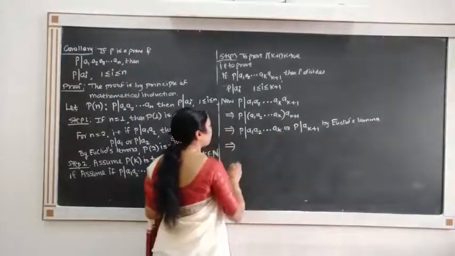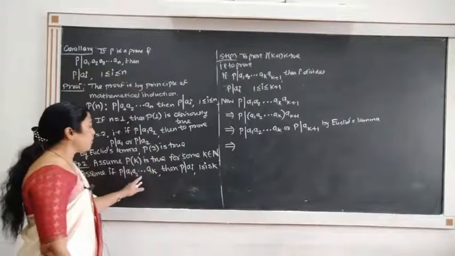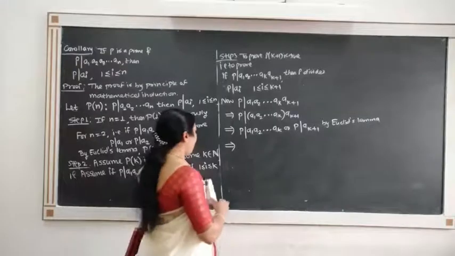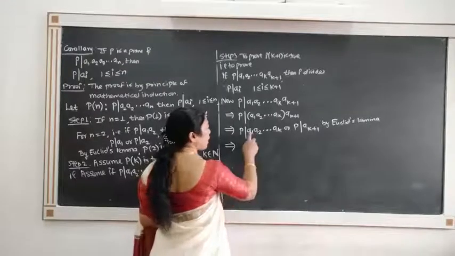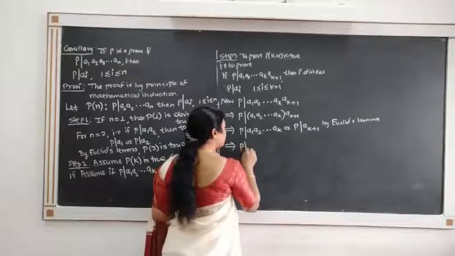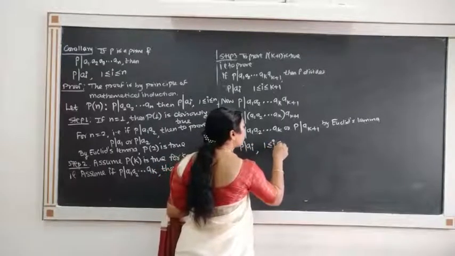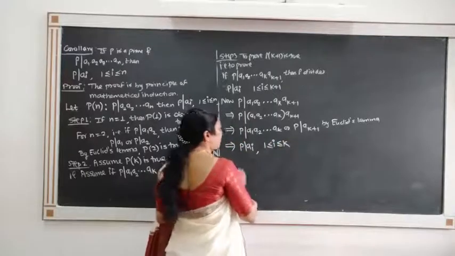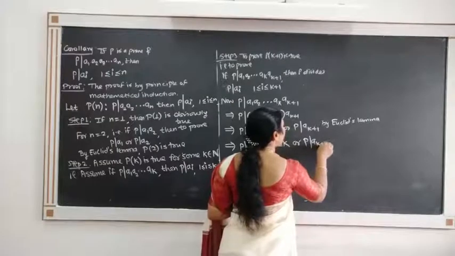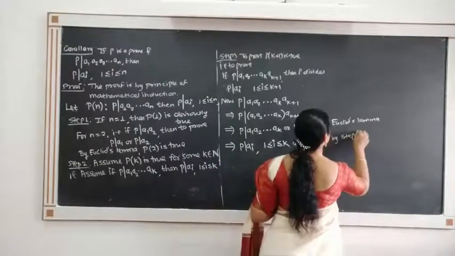Now by the statement of step 2, if P divides A1 to Ak, P divides Ai for i between 1 and k. So using that, P divides A1 to Ak implies that P divides Ai, 1 less than or equal to i less than or equal to k by step 2, or P divides Ak plus 1.